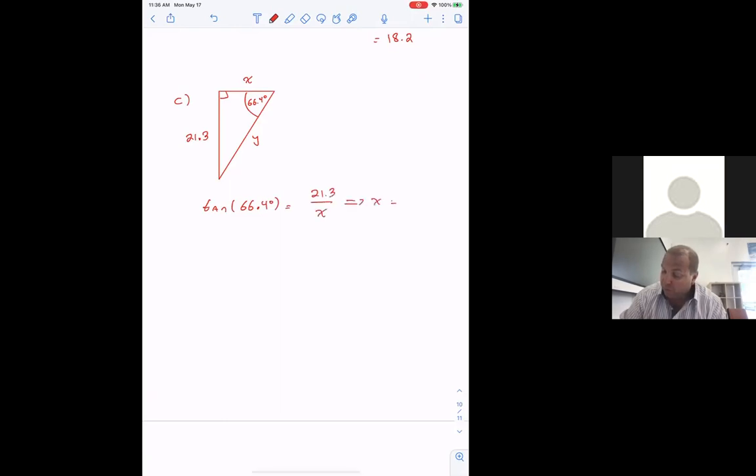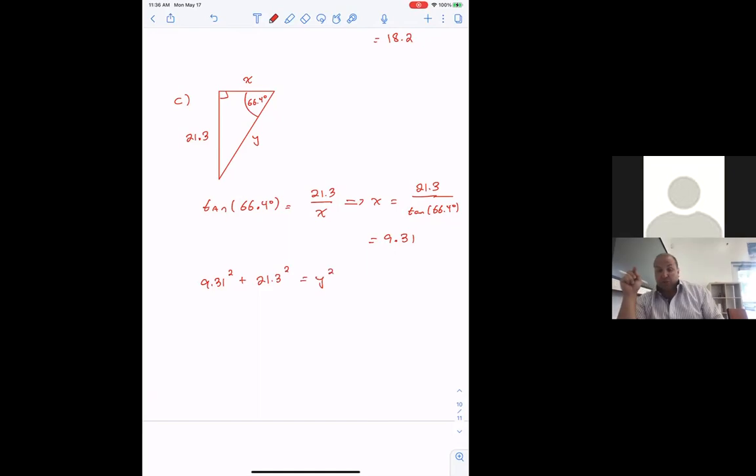Just like before, flip the X and the tangent. So X equals 21.3 over tangent of 66.4 degrees. 21.3 divided by tangent 66.4 to 3 sig figs gives me 9.31. And again, there are no units. Now that I have X, this time let's use the Pythagorean theorem just to mix it up a little bit. So 9.31 squared plus 21.3 squared equals Y squared.